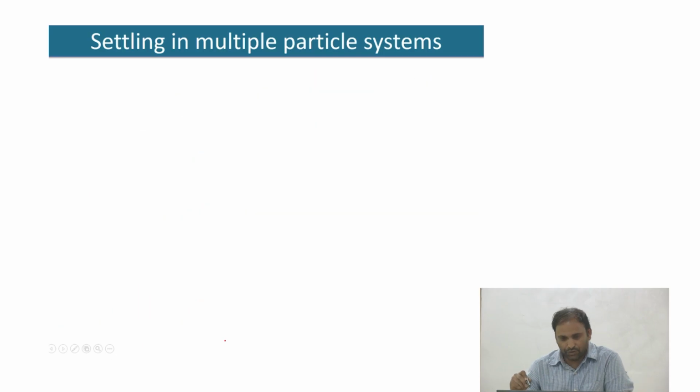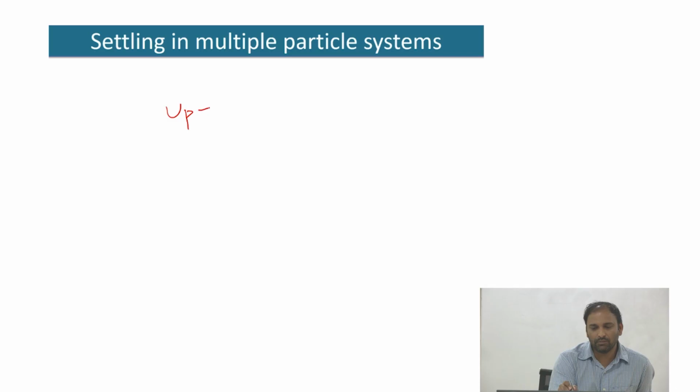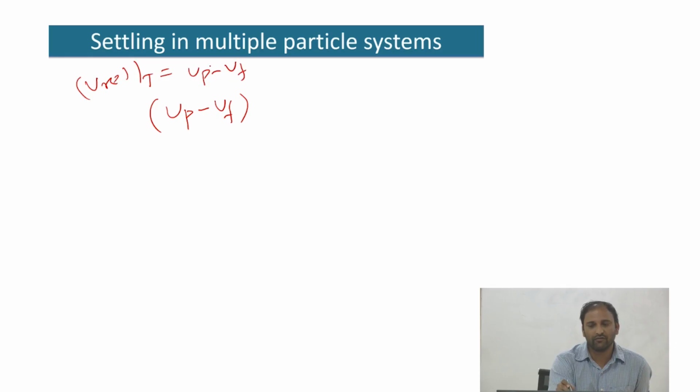I'm going to write U relative T as UP minus UF, because both the things are moving here. That should be equal to epsilon square into f of epsilon.